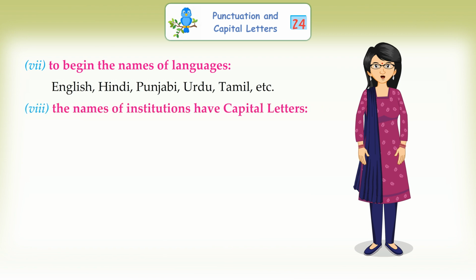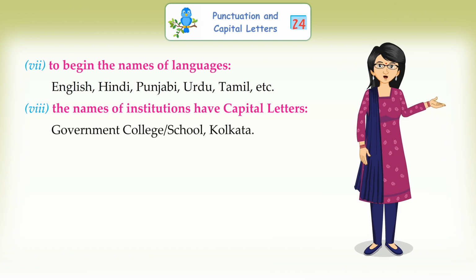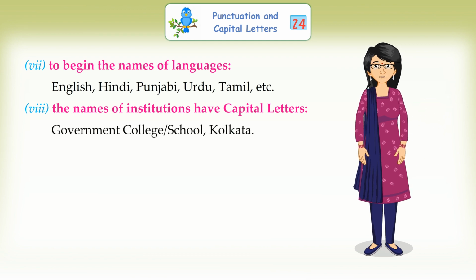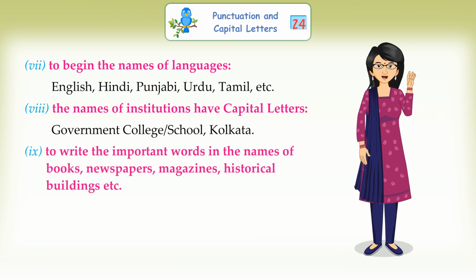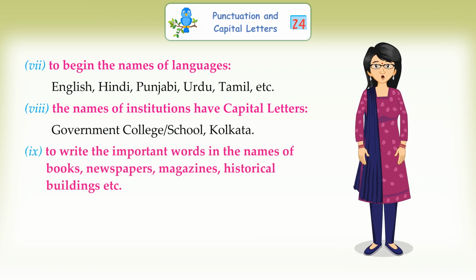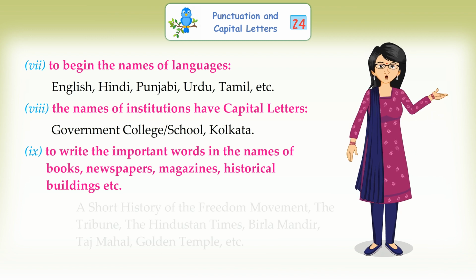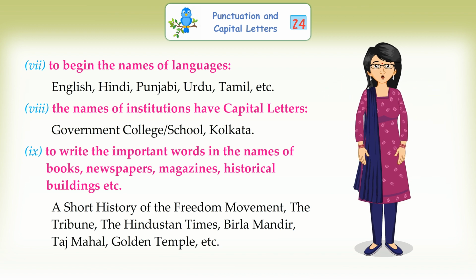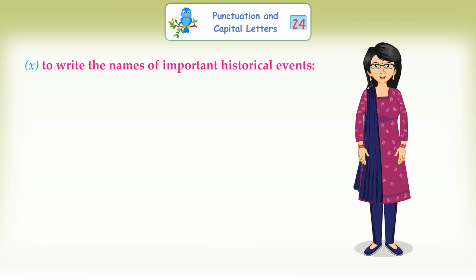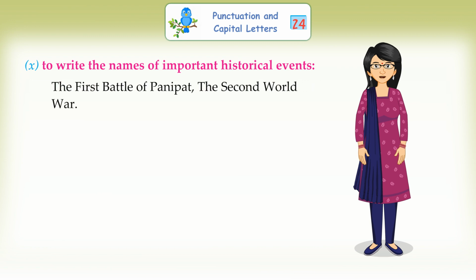The names of institutions have capital letters: Government College, School, Kolkata. To write the important words in the names of books, newspapers, magazines, historical buildings, etc.: A Short History of the Freedom Movement, The Tribune, the Hindustan Times, Birla Mandir, Taj Mahal, Golden Temple, etc. To write the names of important historical events: The First Battle of Panipat, the Second World War.